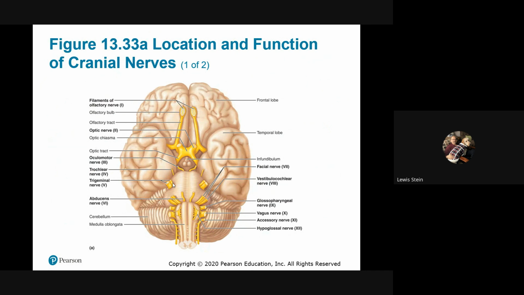So this is the formula. It looks like you're in chemistry class. LR6 SO4.